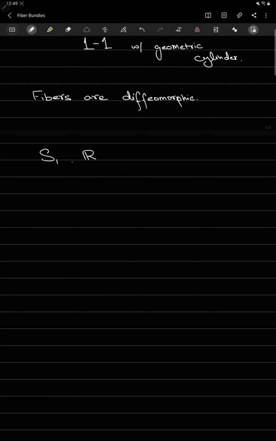I have these two topological spaces and I take the Cartesian product of these two spaces, then what I get is, again, a topological space, right? But the condition is that both of these, this one and this one, should be topological spaces.